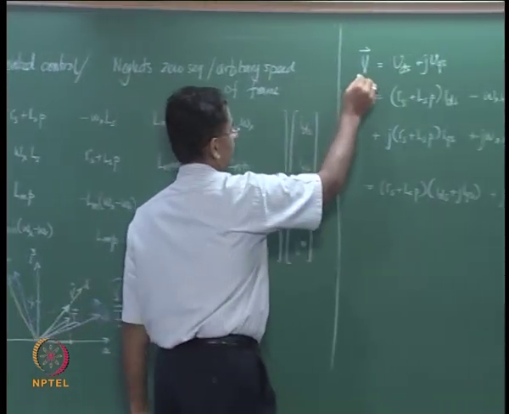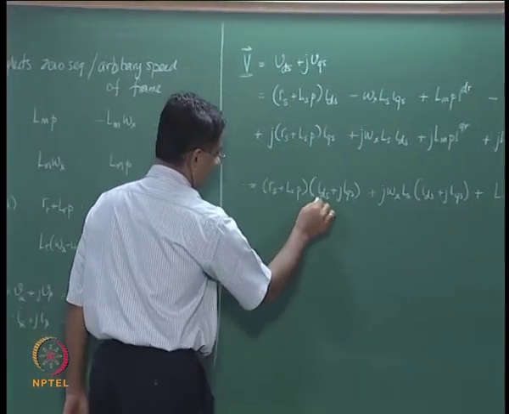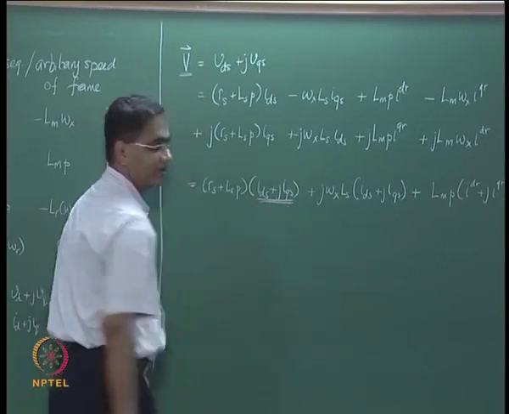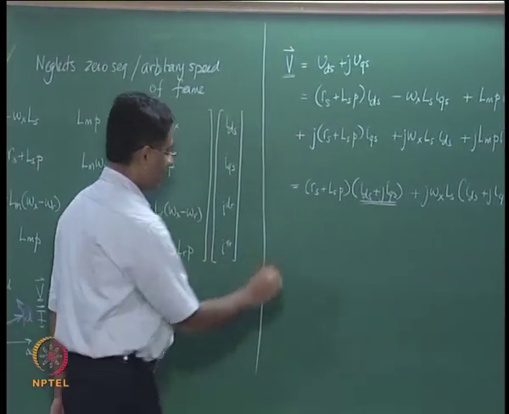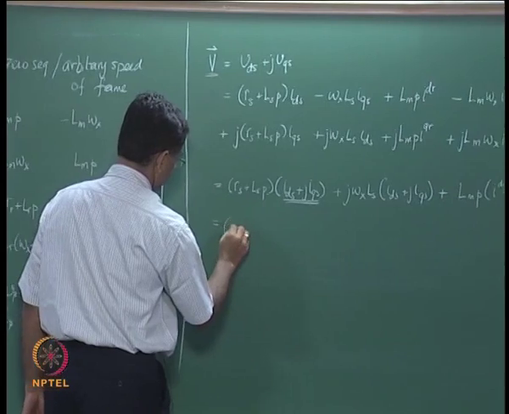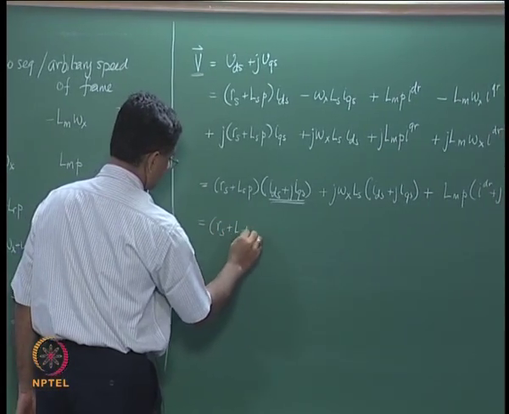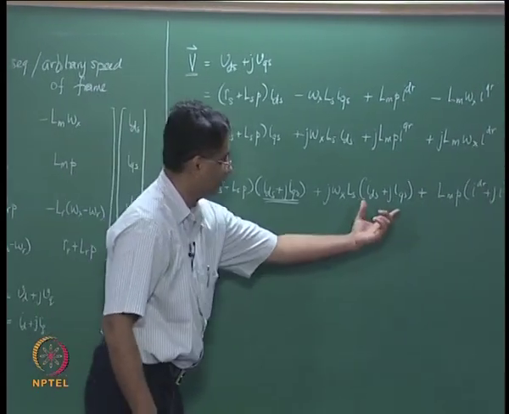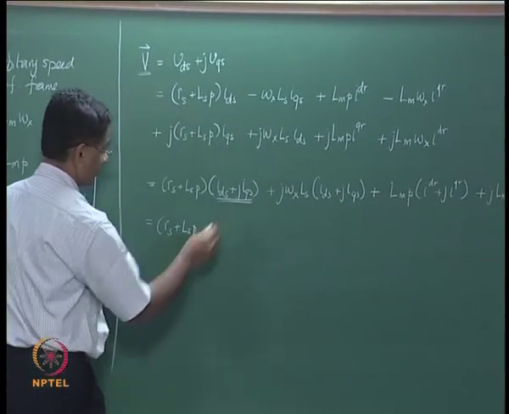You have the voltage space vector here, and this term is nothing but the space vector of I, and therefore, I can write this as Rs plus Lsp, and here also you have the space vector of that current.